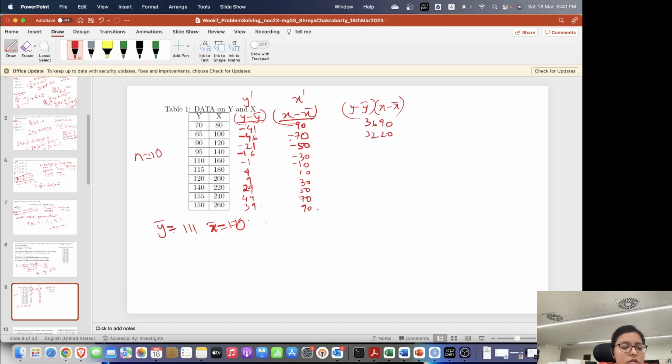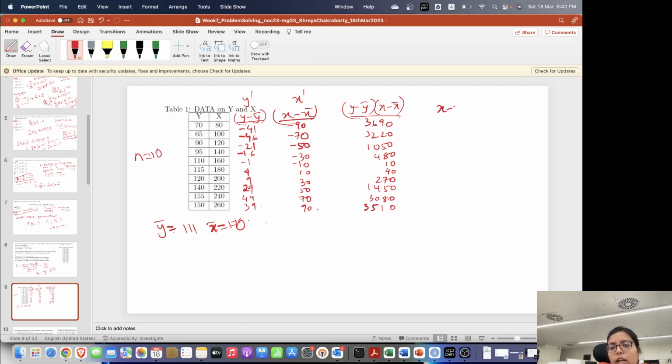We'll just multiply these two columns. 1050, 480, 10, 40, 270, 1450, 3080 and 3510. Okay, so we have this one.